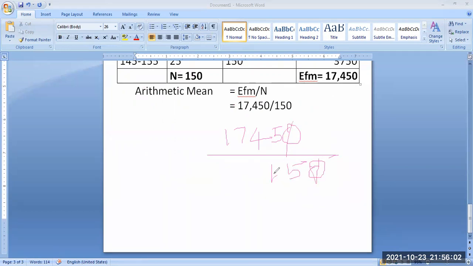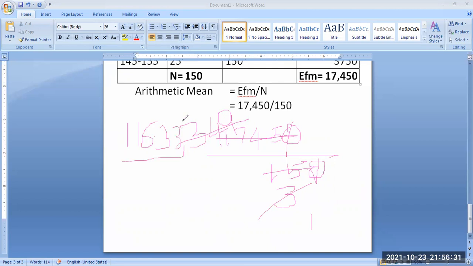So 0, 0, 5 3s are 15, 2, 4 5s are 20, 45, 5 9s are 45, it is 349 by 3. So 3 1s are 3, 3 1s are 3, 3 1 9, 3 6s are 18. 116.33 likewise it is coming.